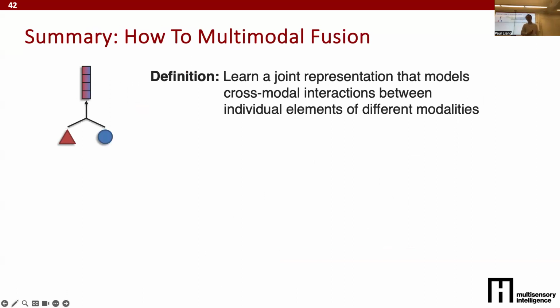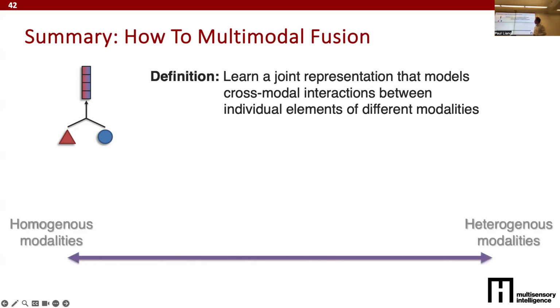So, summary. We looked at multimodal fusion, which is very important, with lots of models being developed today. The whole idea is to take in data modalities and learn some single joint representation that captures how these modalities interact, and whether there's some common information, whether there's some unique information, and use some weights to determine where the information is, or whether there's some synergy and you're learning more complicated interactions to model this synergy.